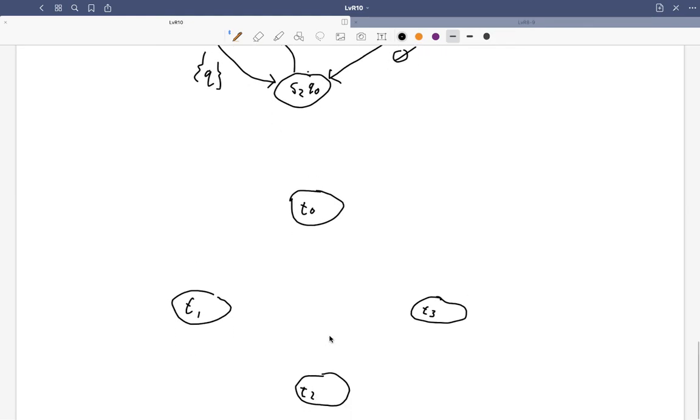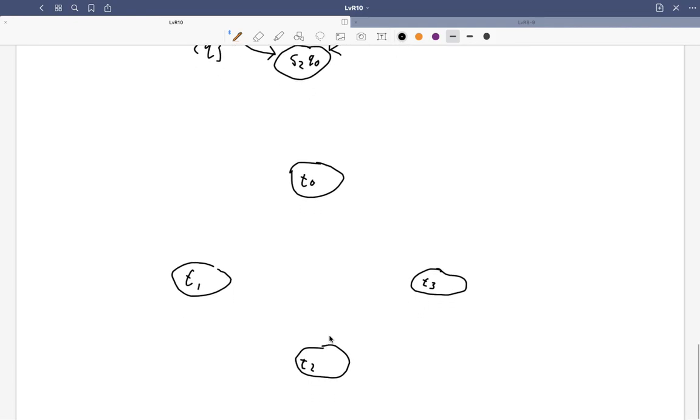This time the Q is over here, so T3 gets paired with Q1, and the others are all empty, so these get paired with Q0. Again, we have transitions wherever there's a transition in both the transition system and the automaton, but because there's always a transition in the automaton, it's just the same as the transitions in the transition system. So here we go to here.